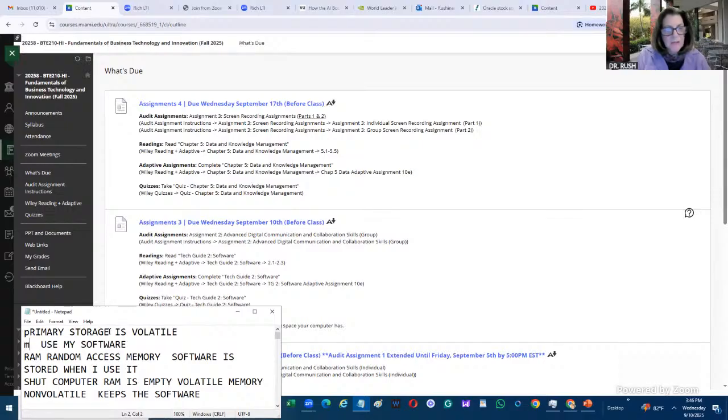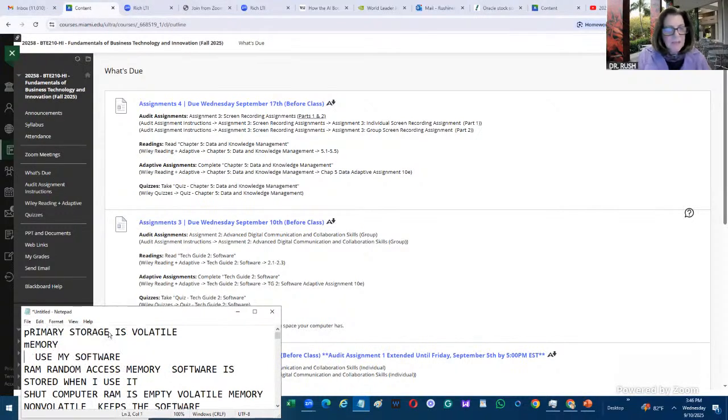Sometimes it's called memory. Sometimes part of it is called RAM. You remember those terms? RAM, let me do caps. RAM, random access memory.